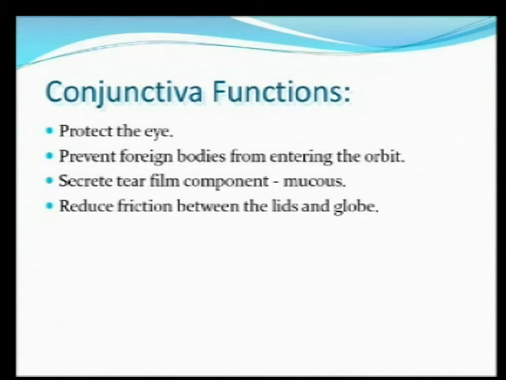Does anybody know how often most people blink? You can type your answer in the text box there if you want. We'll just see what people think. So how many seconds between blinks? Okay, did everybody find where you can type in your messages? In the chat box.